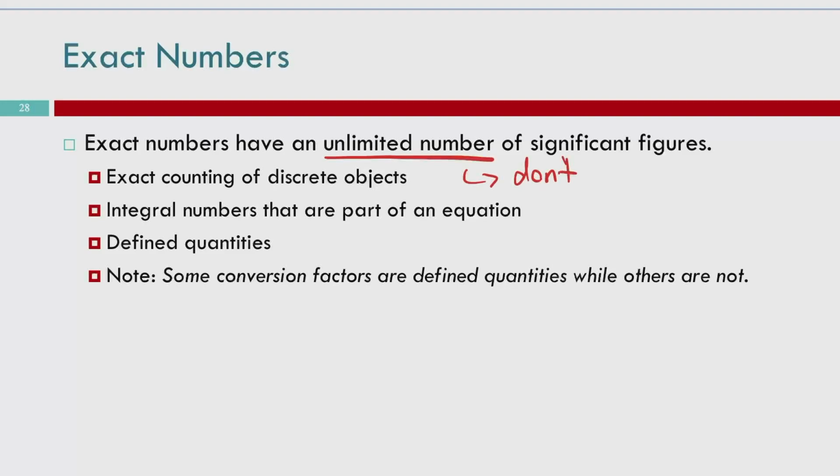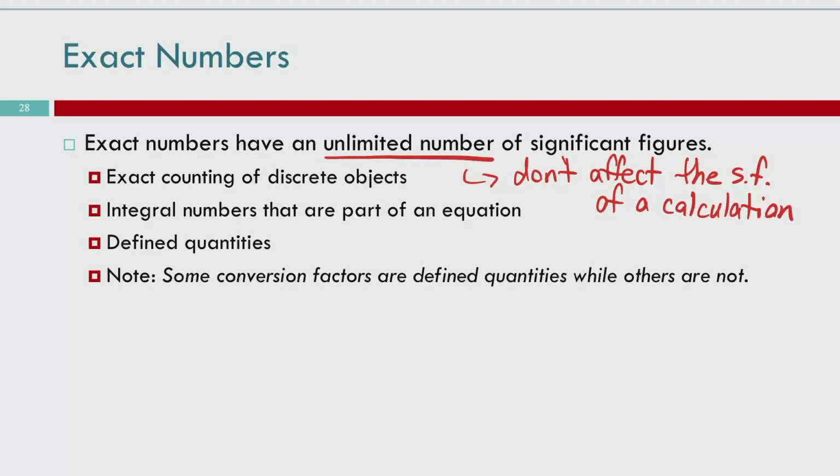This is important because we're going to be thinking about significant figures when we're doing calculations. Another way to think about exact numbers is that they don't affect the significant figures of a calculation. So if we have an exact number, we can just ignore the significant figures for that number. We just pretend like it's not playing the significant figures game.